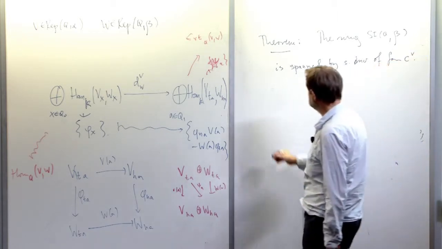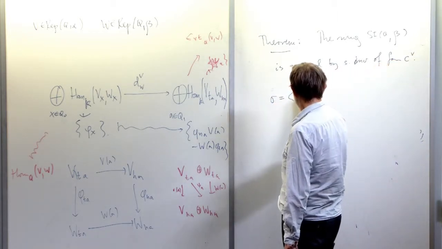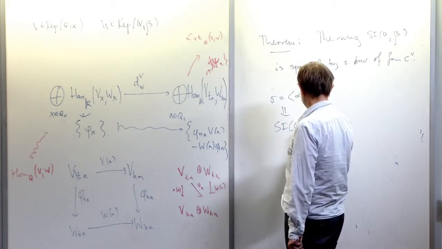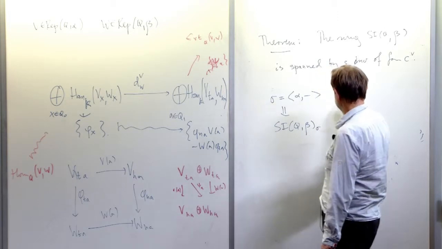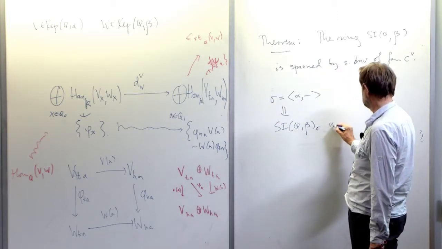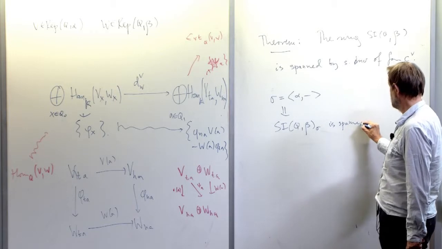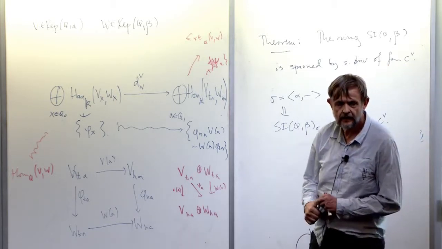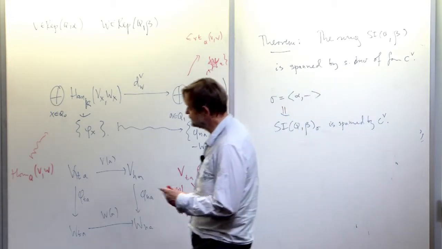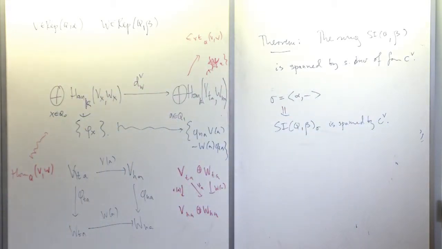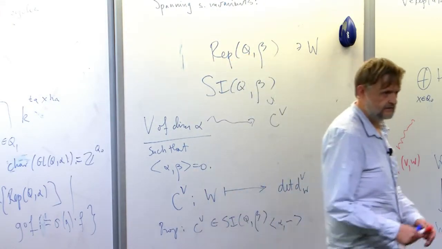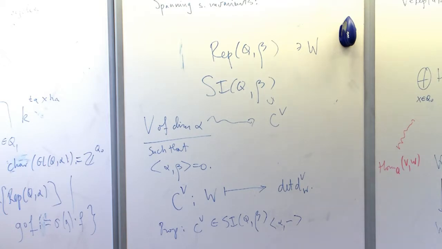C_V. So this means that if sigma is alpha slash, then SI Q beta sigma is spanned by these. The only pairing you have is between these dimension vectors: alpha paired with beta is 0. If sigma is of the form alpha slash such that alpha is not orthogonal, you don't get a semi-invariant.